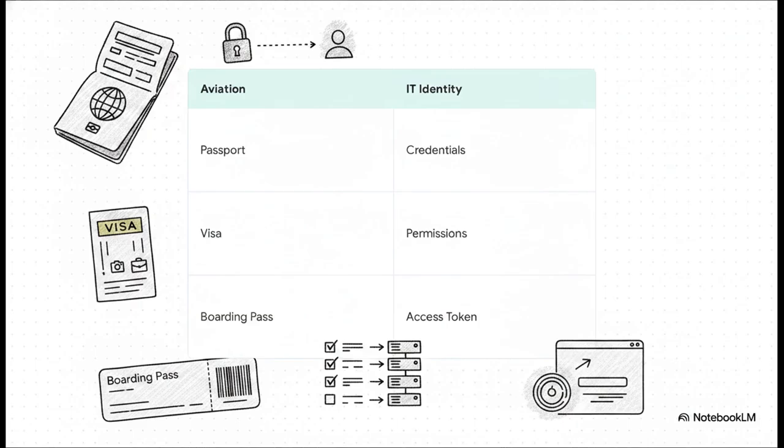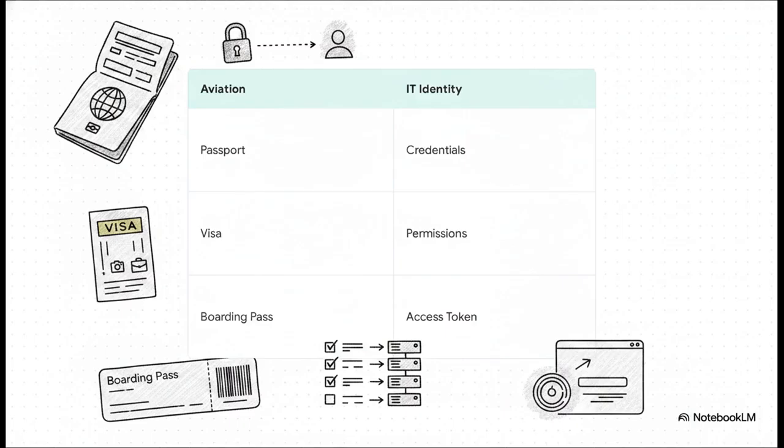And this brilliantly illustrates the whole concept. Think of it exactly like an international trip. When you first get to the airport, what's the very first thing you show? Your passport, right? Well, in the IT world, that passport represents your credentials, your username and password. This is authentication. It's proving you are who you actually say you are. Then, when you land, you show a visa, which dictates exactly what you're allowed to do in that specific country.